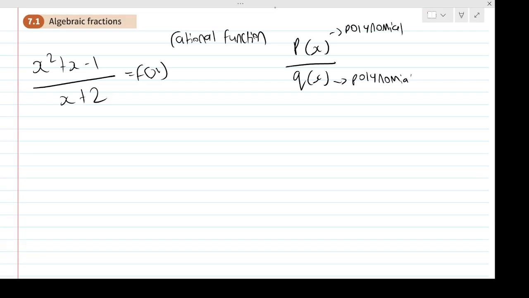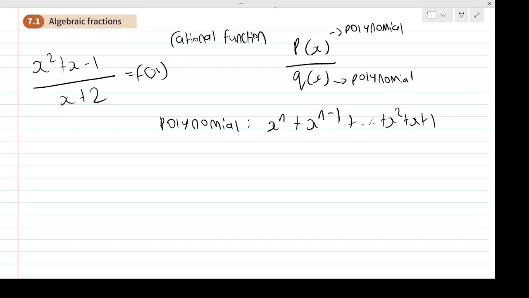And obviously, as a reminder, a polynomial is just an expression of x like this. So we have like x to the n add x to the n minus 1 and so on. So this will be a degree of n, okay? And then we have plus x squared plus x plus 1.